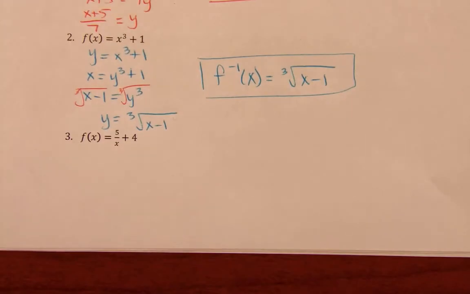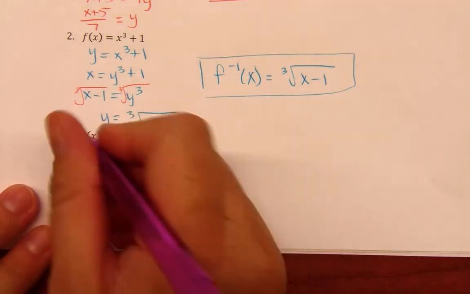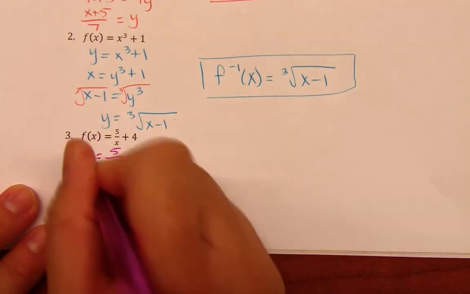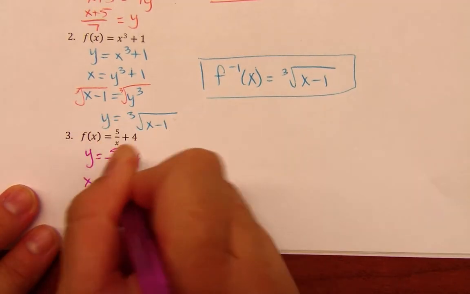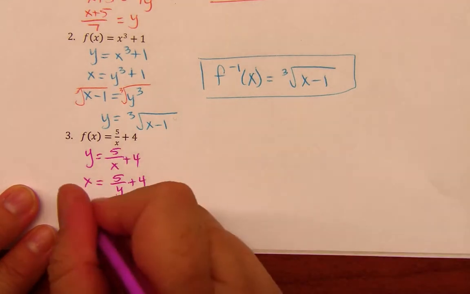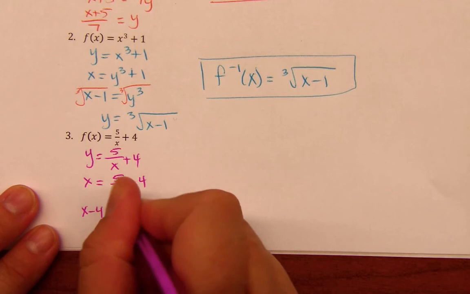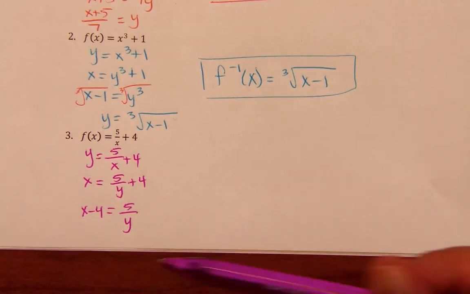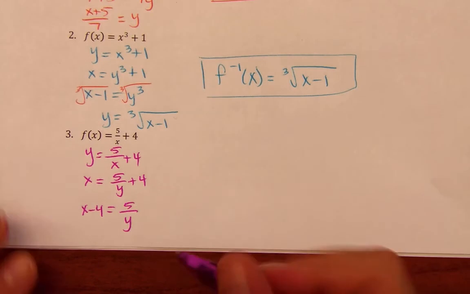And then one more example. Here we have 5 over x plus 4, and we're going to switch this into a y, switch x and y, and now solve for y. So subtract 4. And what I can do here is I can actually flip these fractions.